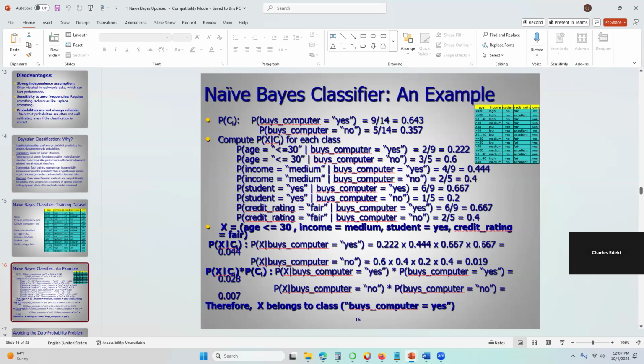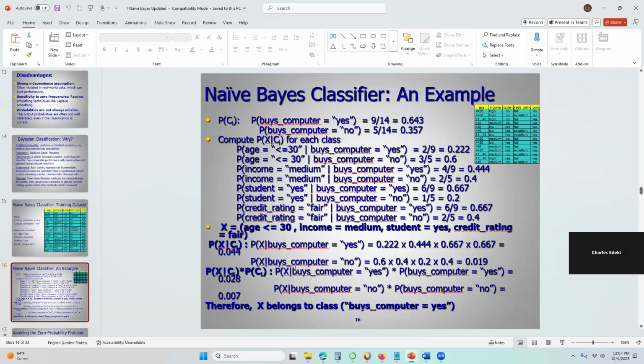And yes is 0.6. Then you come and find this, and this gives you this, and the no gives you this. Oh, okay. So no is 0.007, yes is 0.028. So we take 0.028, which is greater than 0.007. How do we get this?